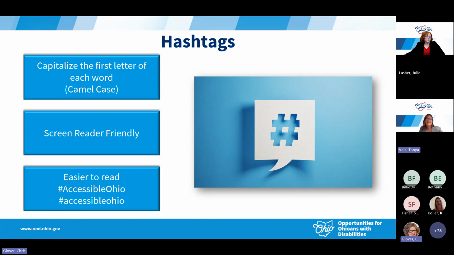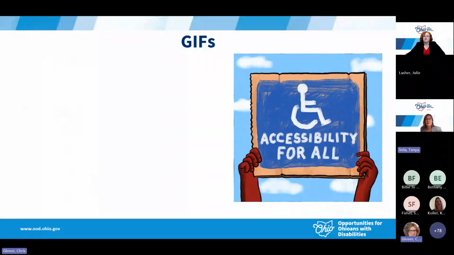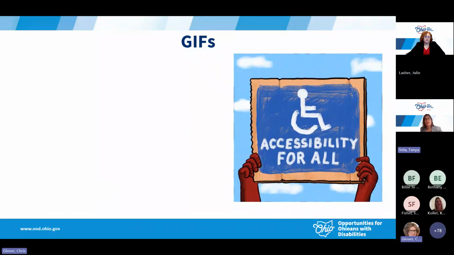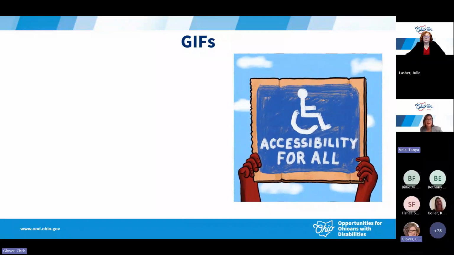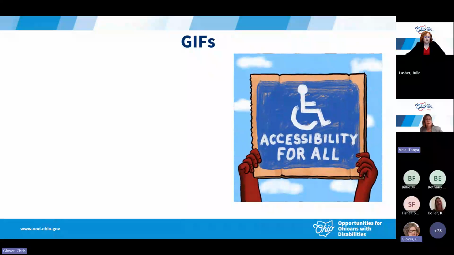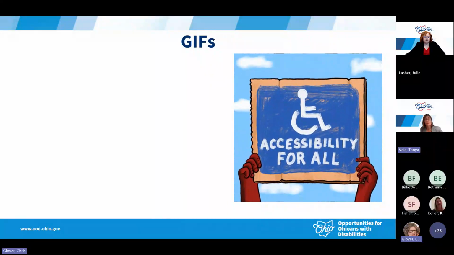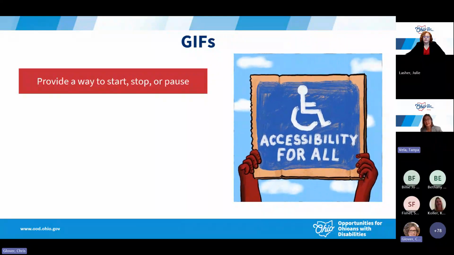I sure can. GIFs are images and or frames which can be combined to create still or dynamic animations. They're typically used to illustrate a point. When GIFs aren't accessible, they may not be effective in illustrating or emphasizing the point. So how do we make GIFs accessible? Well, first, provide a way to start, stop, or pause the GIF.